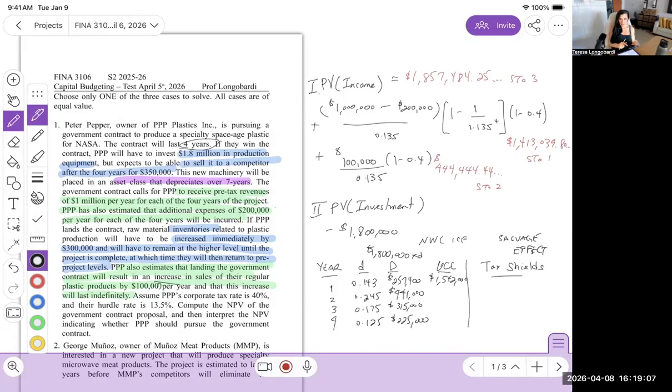And then you subtract the next one, 441,000, and you get 1,101,600. And then you subtract the next one, 315,000, and you get 786,600. And then the last one, 225,000, and that leaves 561,600. So this is your book value. So that's what's left of the asset.